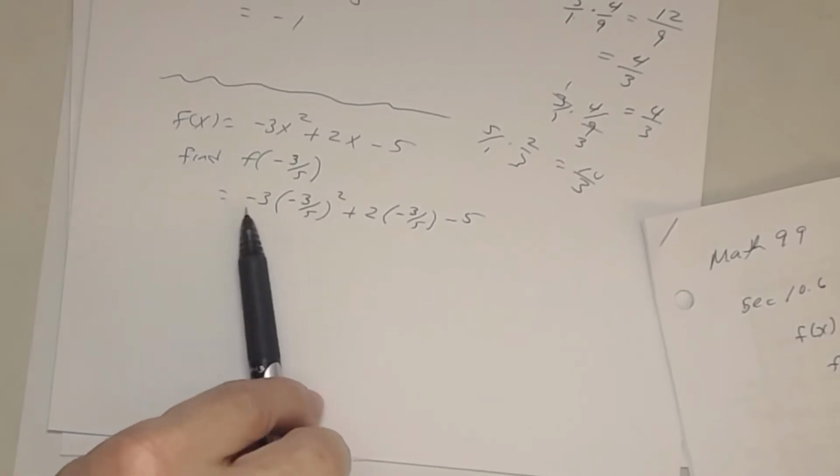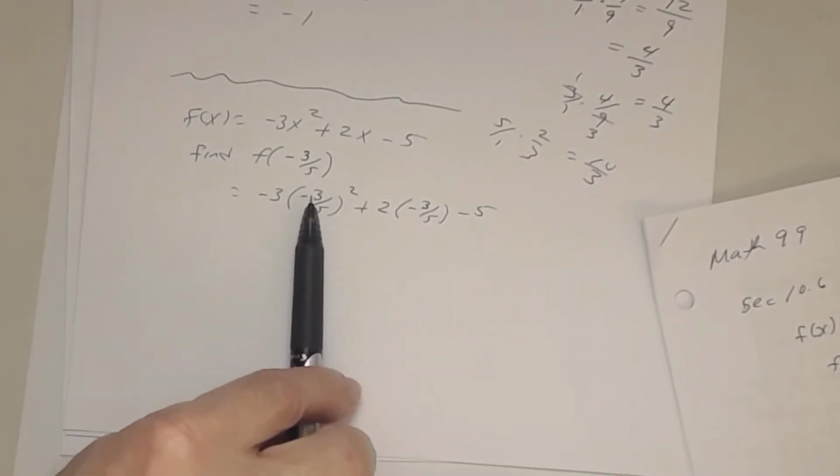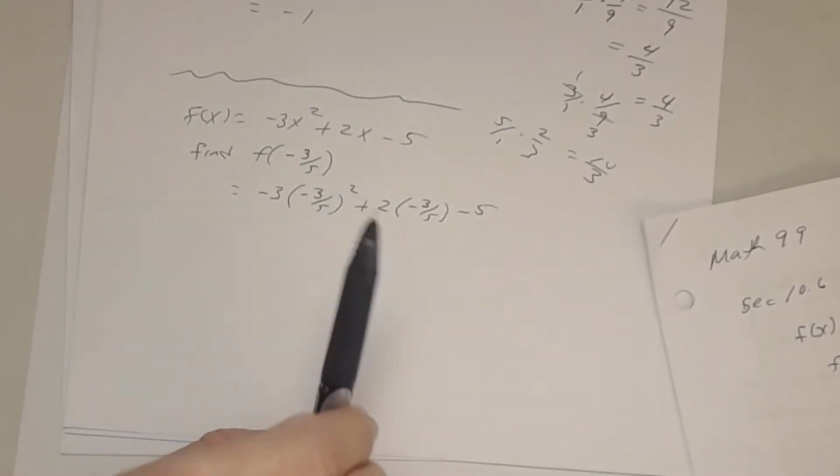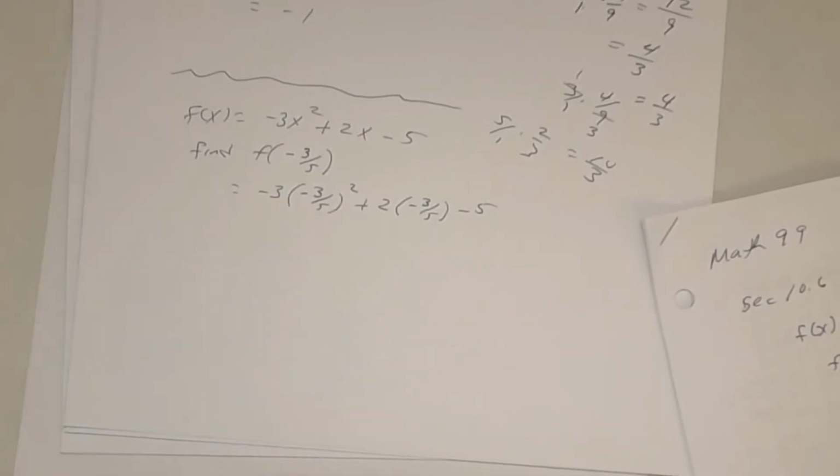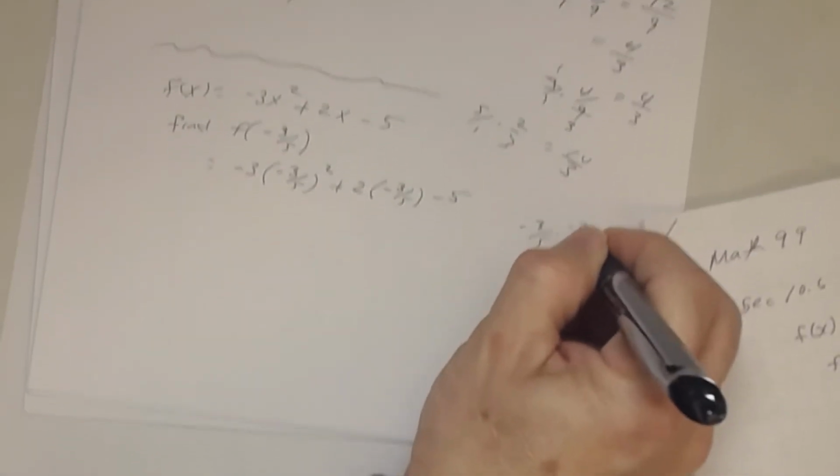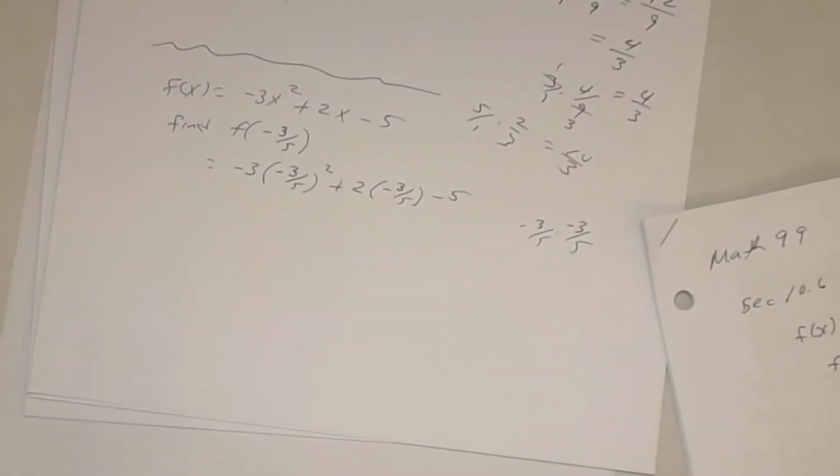Now, in the first term right here, I've got to figure out what -3 fifths squared is. Remember, -3 fifths squared means -3 fifths times itself. So what's -3 fifths squared? 9/25, right? You agree? Yes.